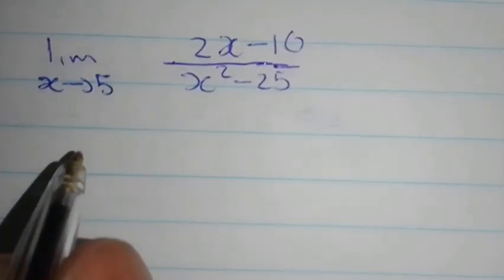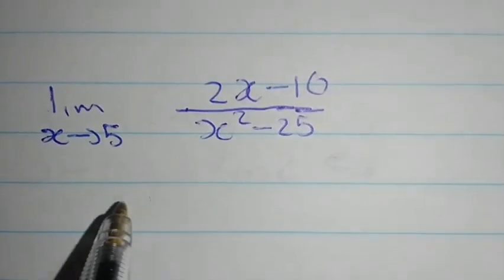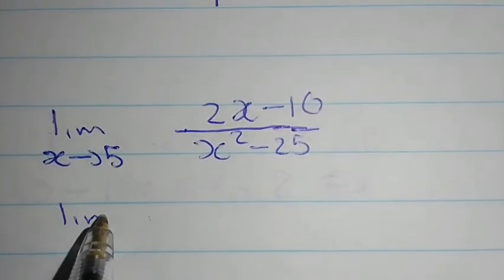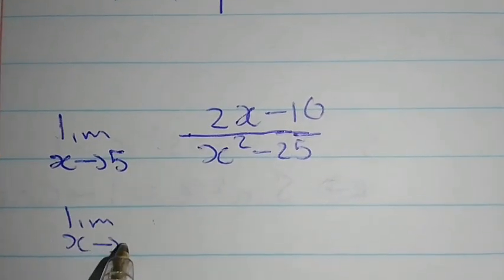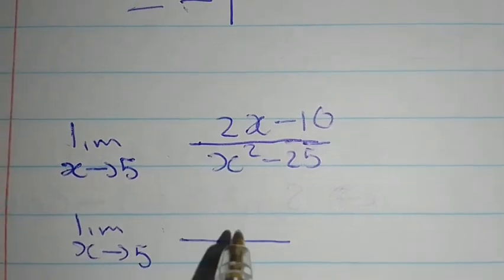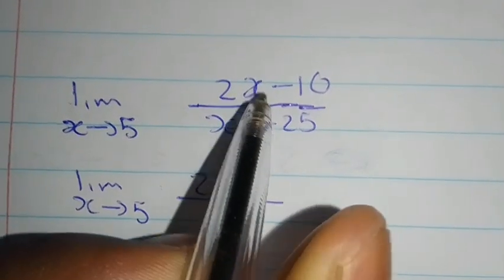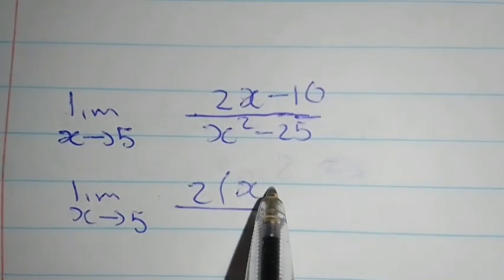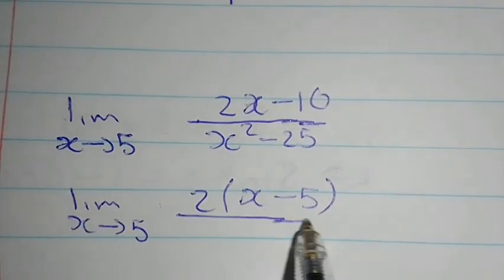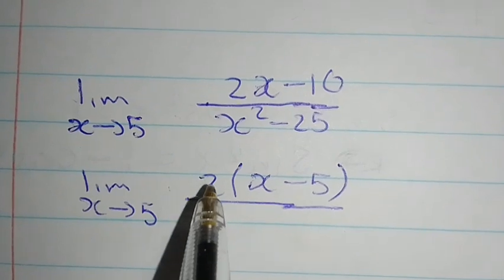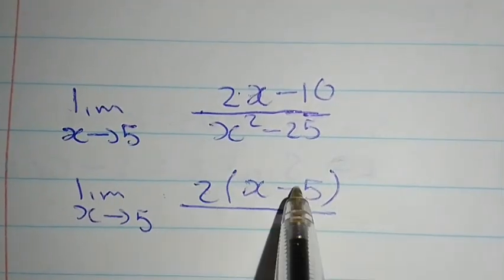So I'm going to see if it is indeed a factor. If I factor by 2 in the numerator, I get 2 times x minus 5. That means 2x, and this will be negative 10.